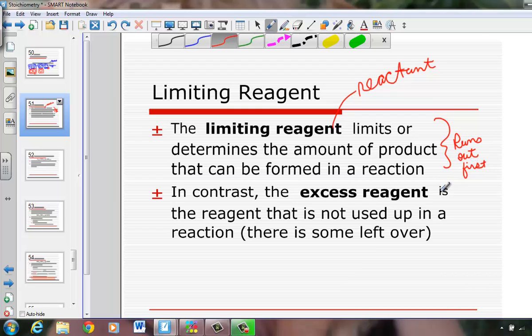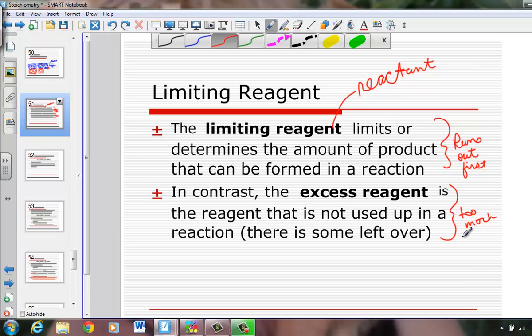The limiting reagent stops the production of the desired quantity of product. In contrast, if one of the reagents runs out, we must have excess amounts of the other. It's the one that we have extra of. We put too much quantity, so we have some left over, unused at the end of our experiment.